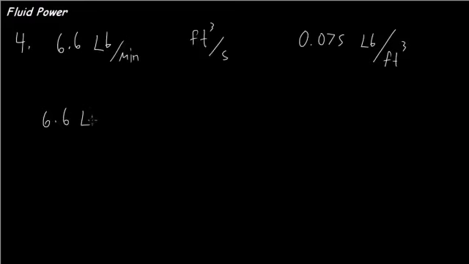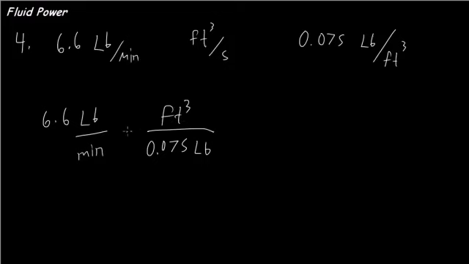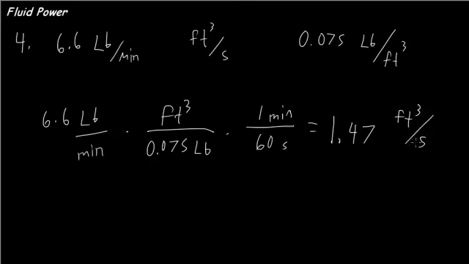So I have 6.6 pounds per minute, and I can convert to cubic feet, 0.075 pounds per cubic foot. And then again, minutes has to be converted to seconds. So I have minutes up here divided by 60 seconds. And you should get 1.47 cubic feet per second.